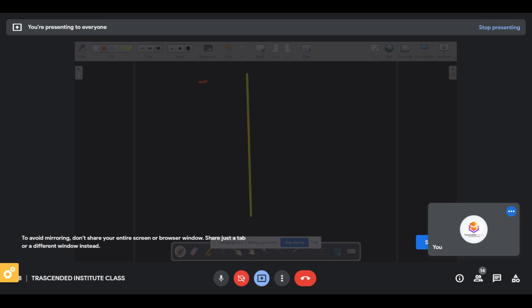Let's say there's a force with a magnitude of 10 newtons pointing to the left, and there's also another one pointing to the right. I want anyone to help us.